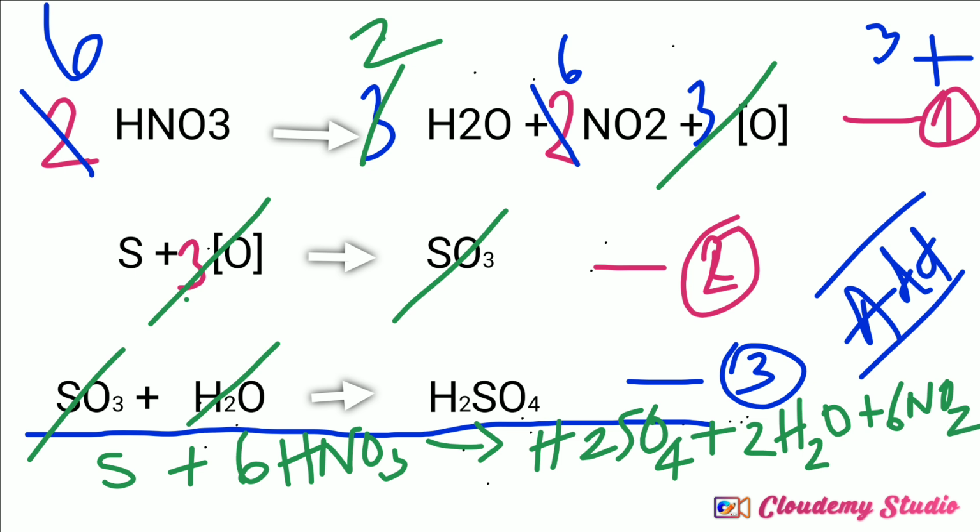Now when we check the final equation, all the atoms on the left hand side as well as the right hand side are equal. So the final balance equation will be, what is that?